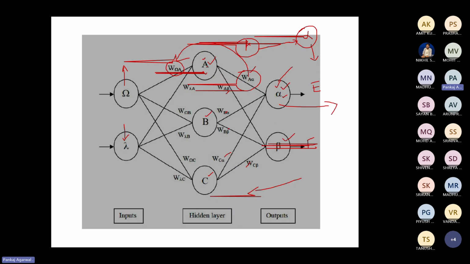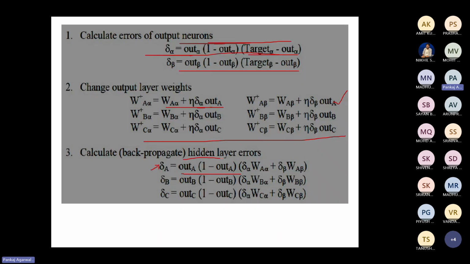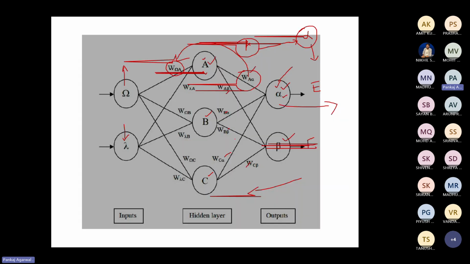Very simple. If I have to calculate this A, what was the outcome which I received earlier? It would be important, so this term would be used. Why this term would be used, I will explain later on. And now, what other terms would be useful? This A is not only associated with alpha, it is also associated with beta via W A alpha and W A beta, isn't it? So both will have their own contribution, right?